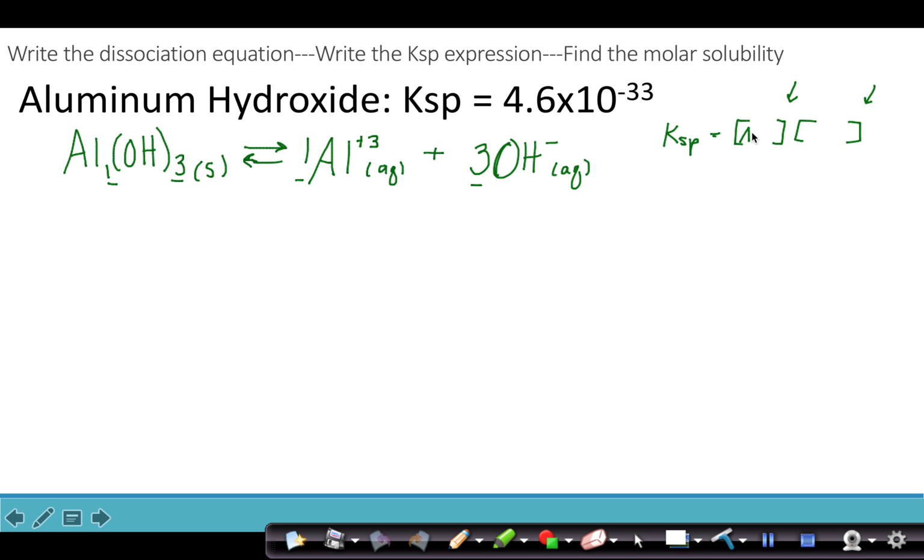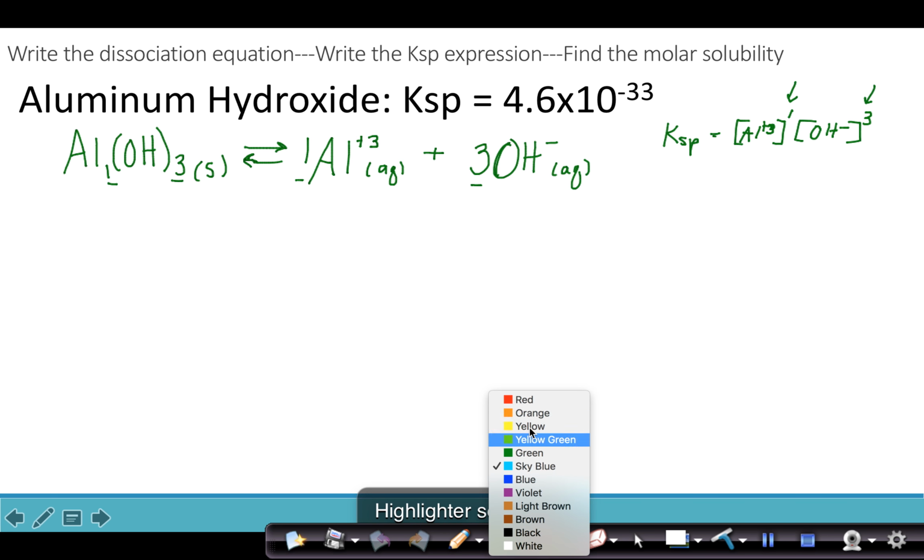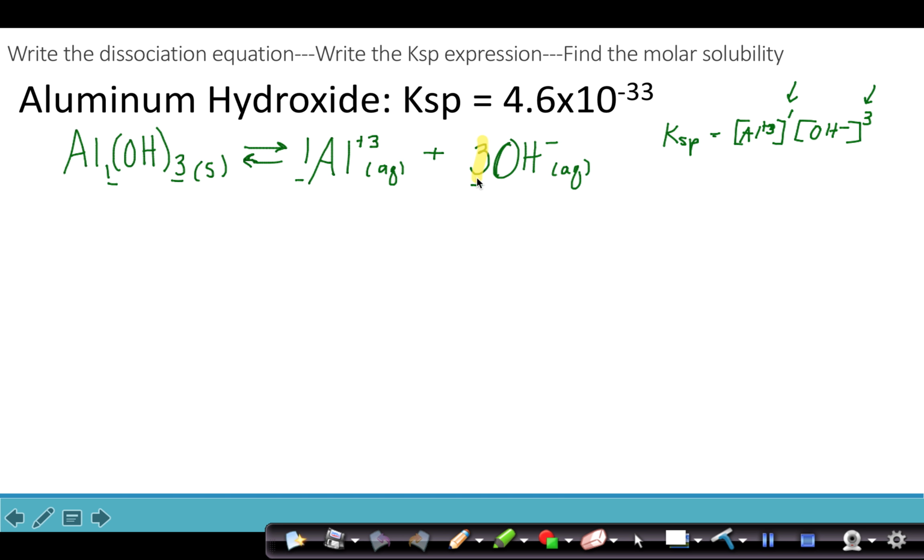So it's going to be Al plus 3. You could write a 1 or not write a 1 for the first power, and then OH minus to the third power. And again, remember that if we look and we highlight, we have a 3 here that came from a 3 here. This 1 gave us this 1, and then they match the exponents in the Ksp expression as well.